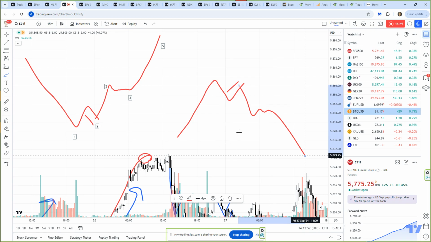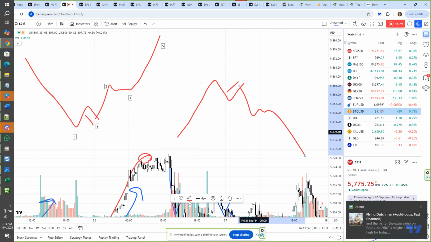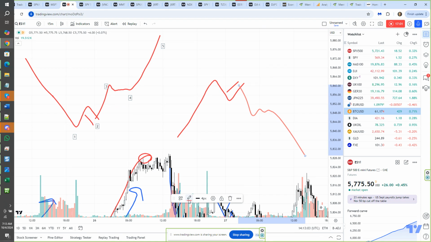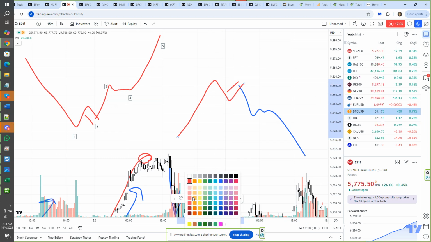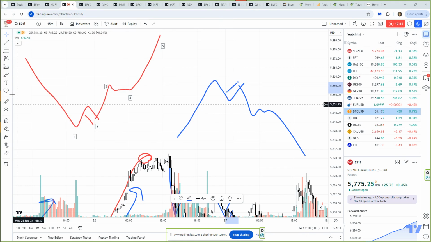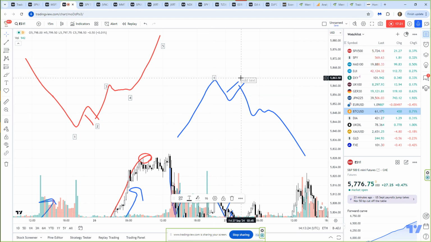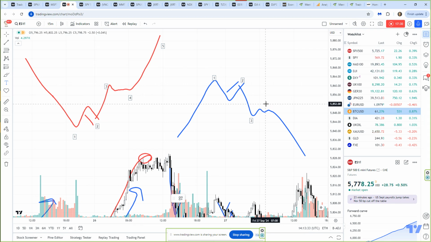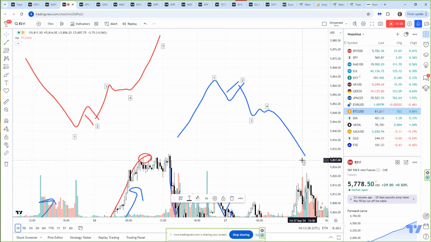Okay, so here in blue, blue, and blue, you have the 1, 2, 3, 4 consolidation, and 5 ultimate low.